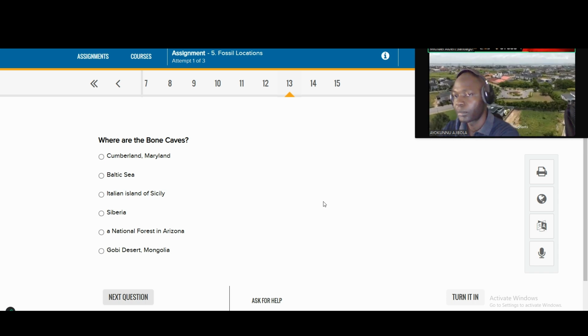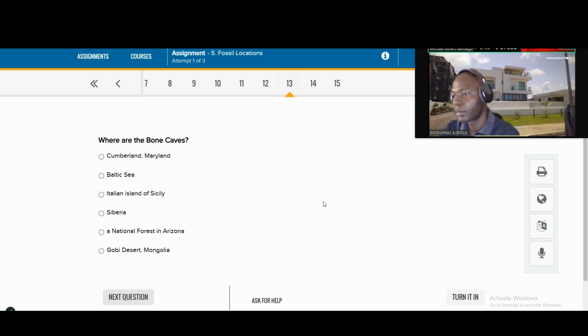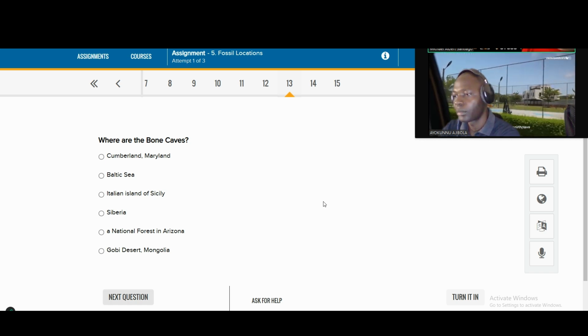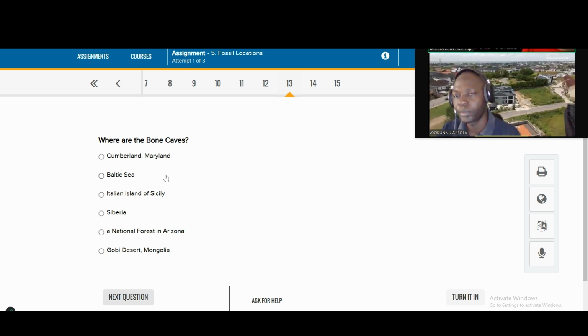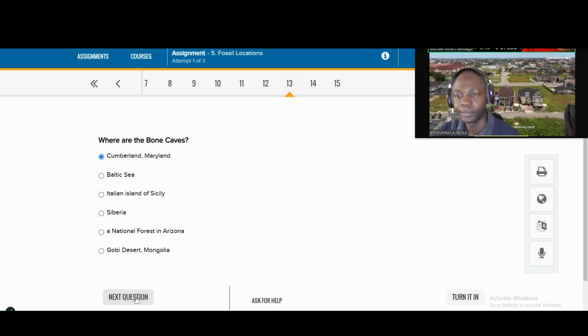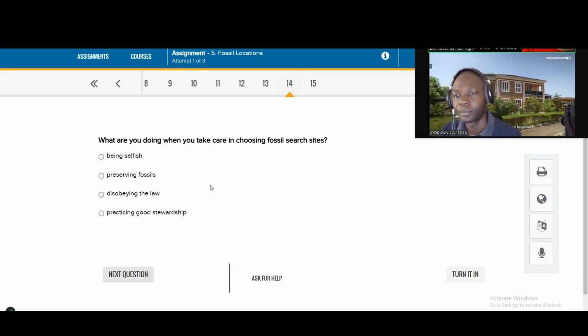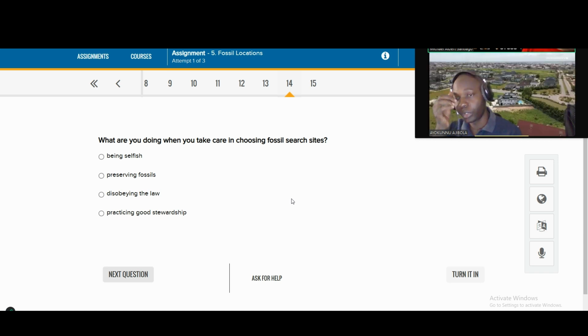Where are the bone caves? Not what, but where. Where are bone caves? That's Cumberland, Maryland. Then read the next question.